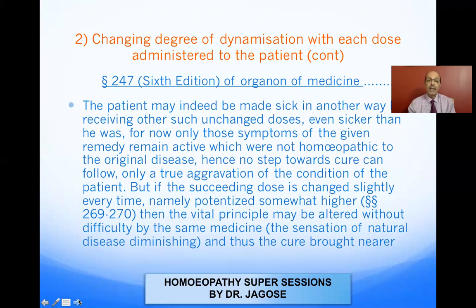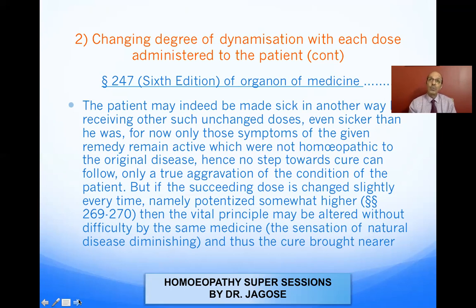So he is telling you that if you give the same potency repeatedly again and again, especially on the centesimal scale, then the patient will get more sick. The symptoms will remain active, and definitely an aggravation will be caused.